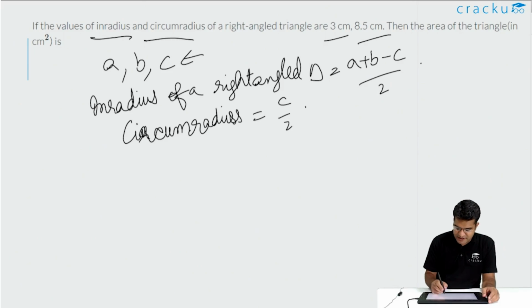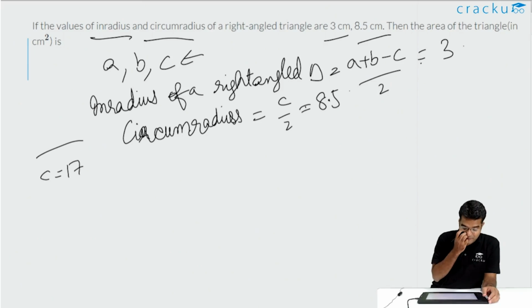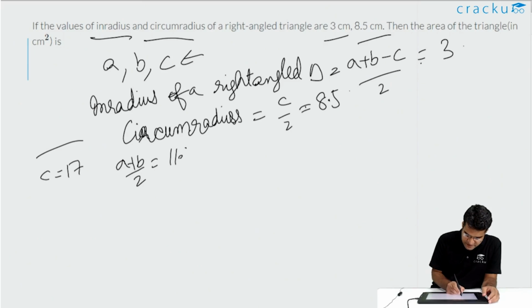Therefore, we can just input the values that are given, that is A plus B minus C by 2 is equal to 3 and C by 2 is equal to 8.5. Therefore, C is equal to 17. This is the length of the hypotenuse, and A plus B by 2 is equal to 11.5, or A plus B is equal to 23.